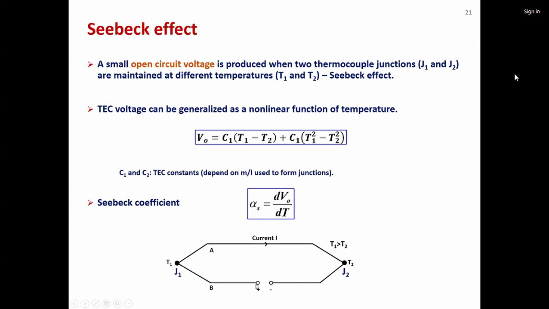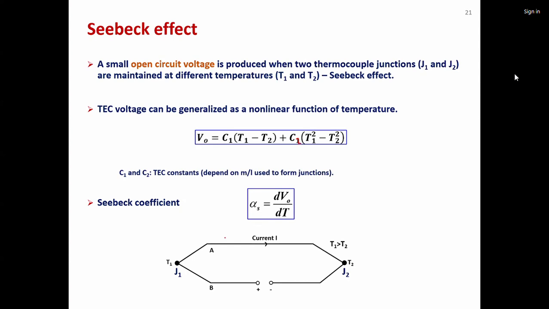So you say that the output voltage V0 here is some constant C1 times the temperature difference between the hot and cold junction, plus C2 times T1 squared minus T2 squared. These constants are called thermoelectric constants, and they depend on the materials A and B that are used to form the junction.